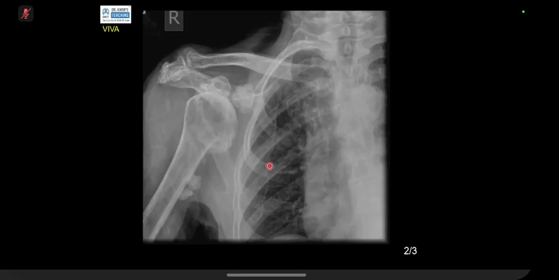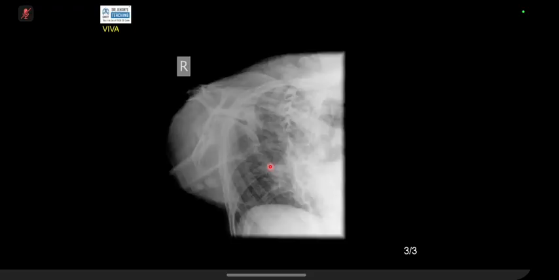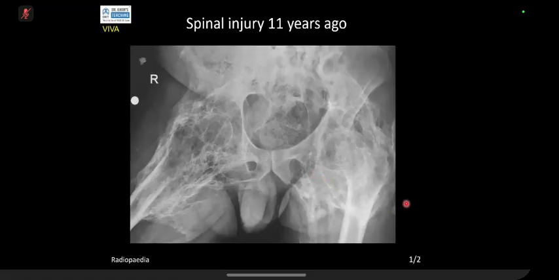Many a times post-trauma, as in, let's say, post-hip surgery, hip replacement, you will find these things. Now, look at this. This is a classical exam case, which I just wanted to show you. Look at what is happening.